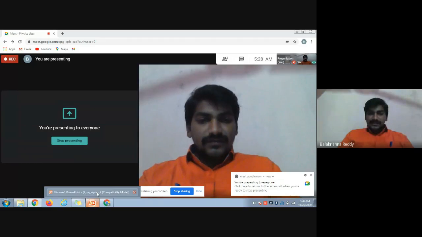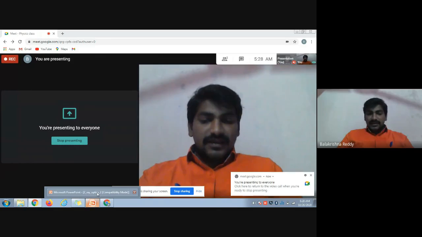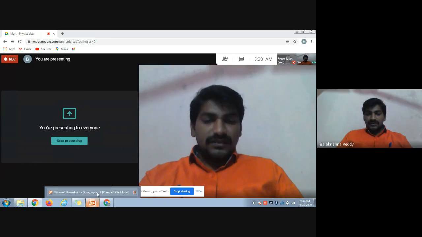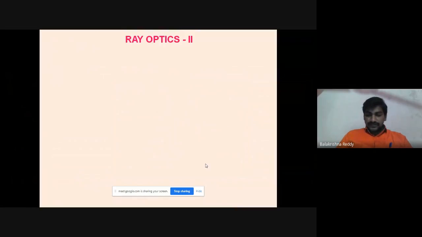Snell's law is nothing but ratio of, when a light is passing from medium 1 to medium 2, the ratio of sine of angle of incidence in the medium 1 to the sine of angle of refraction in the medium 2. That we know, right? So now we are going to discuss refraction through prism, how it will take place usually.